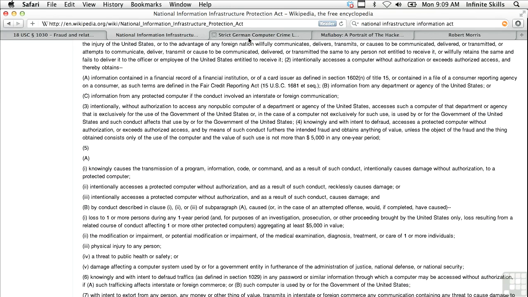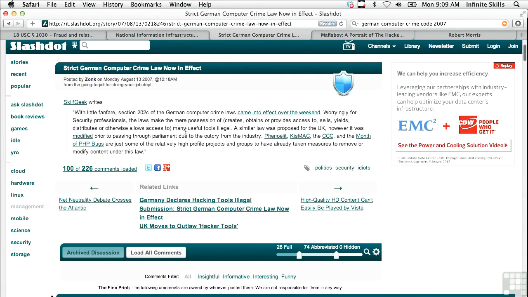There are laws around the rest of the world as well. One that made news in 2007 was in Germany. They passed a computer crime law that made it illegal to possess the tools that we'll be talking about in this series of lessons. There are a number of other activities that it has made illegal as well, but that's a really big one.